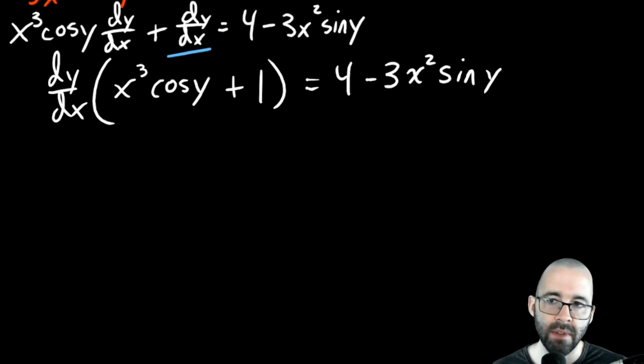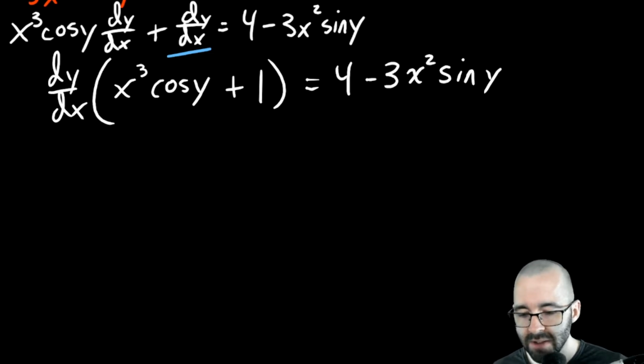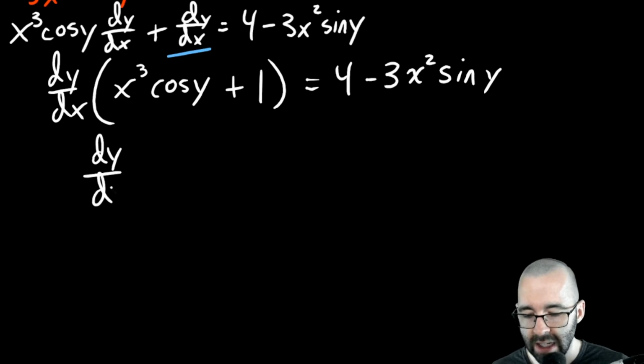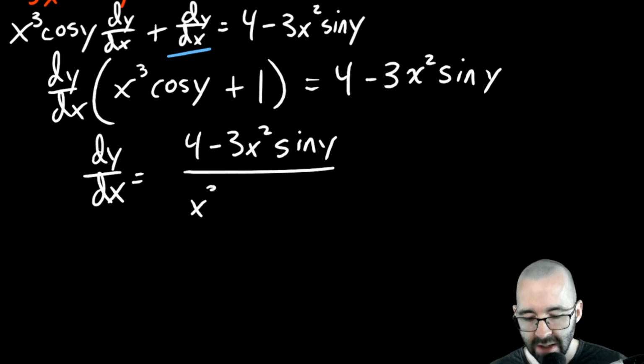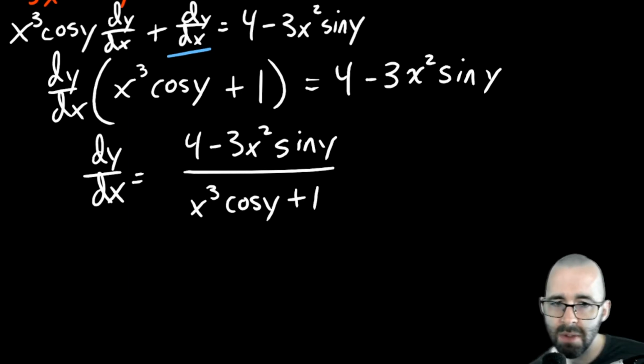And now, step 3 was two parts. Factor and solve. Well, we want dy/dx by itself, so just divide this over. We're going to get that dy/dx equals 4 minus 3x squared times the sine of y, divided by x cubed cosine of y plus 1. And sometimes you might be able to simplify.